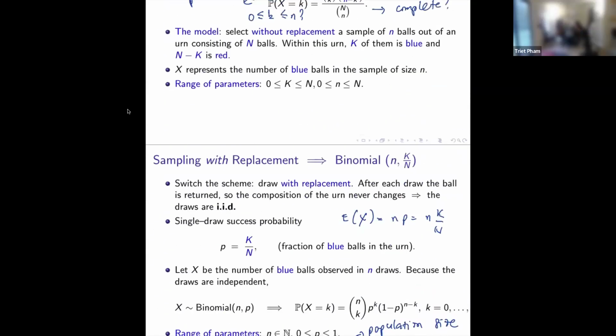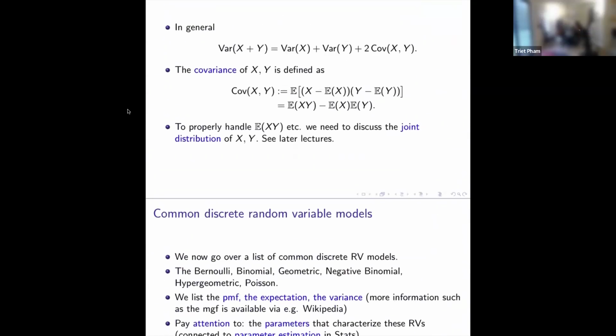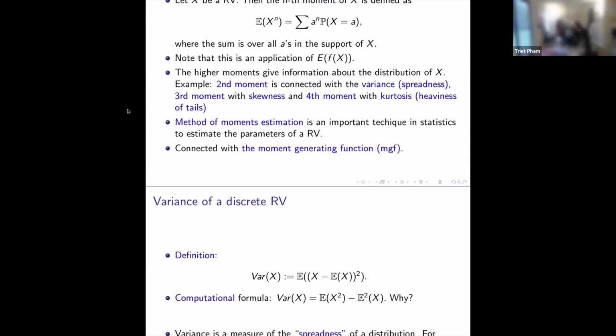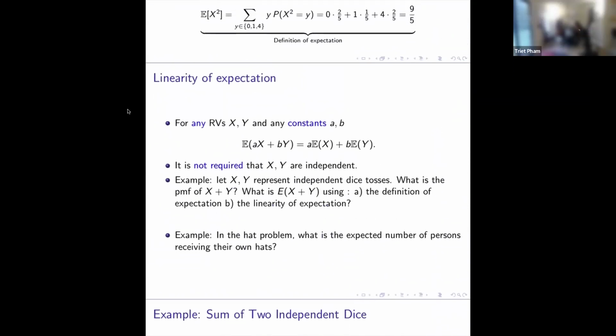Why? Because of this rule. The expectation of a linear combination is the linear combination of expectations, for all random variables, whether they're independent or not.